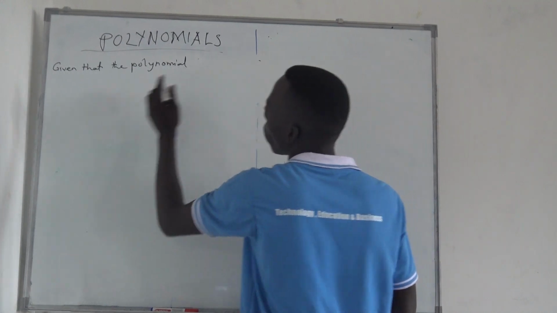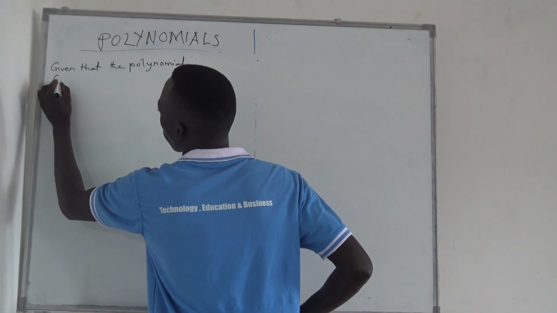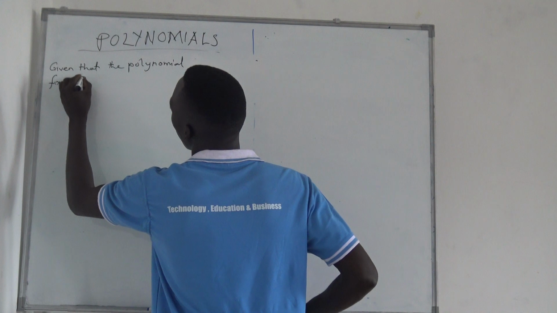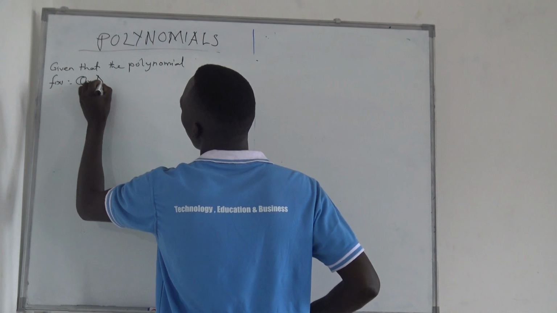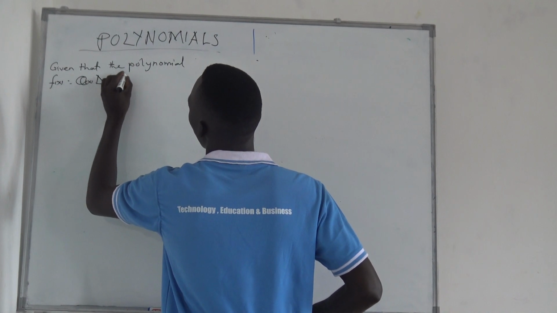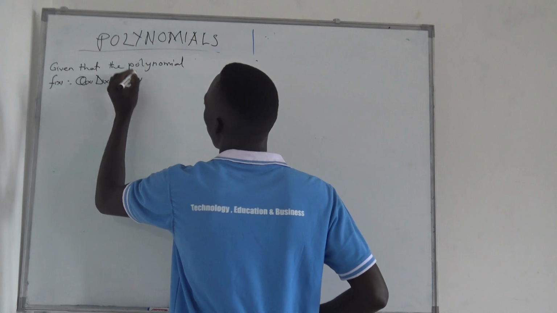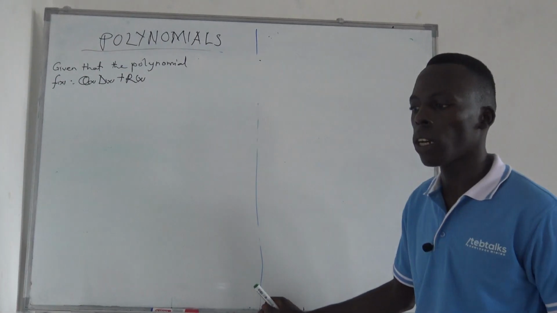So let me write it here that f of x equals the quotient of x times the divisor of x plus r of x, which is the remainder.